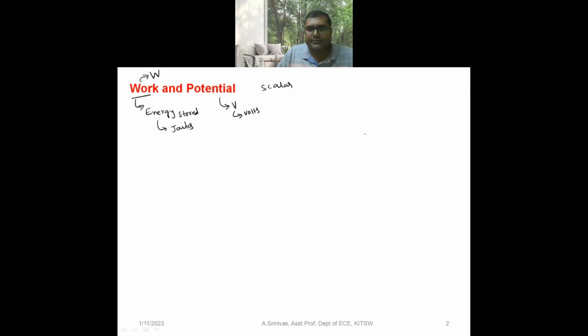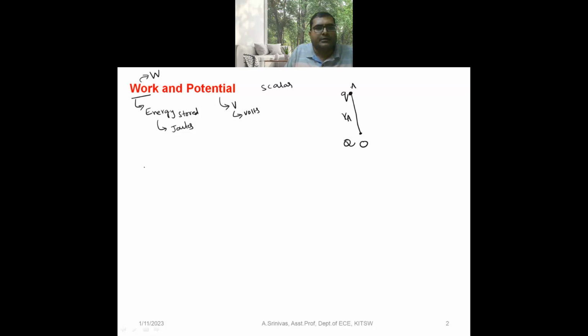At the origin, capital Q charge is present. Consider a point A which consists of small q with position vector RA.